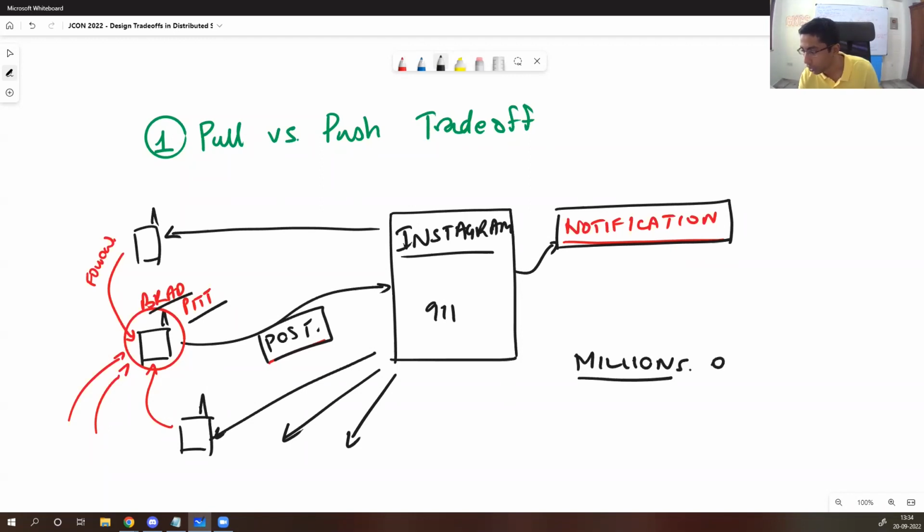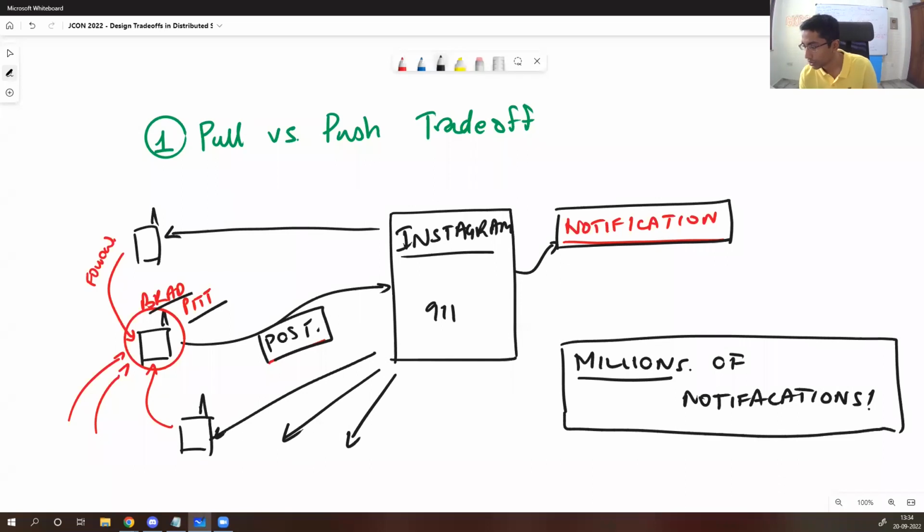So millions of notifications will need to be sent, and you want this to be fast also. You want people to get the notification quickly. If we use the simple approach, this is going to cost a lot of resources. You'll need a lot of bandwidth. You'll need a lot of possibly processing, and it'll put a lot of load on your system.